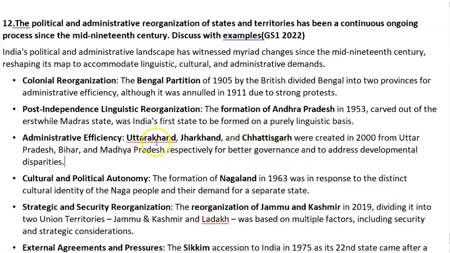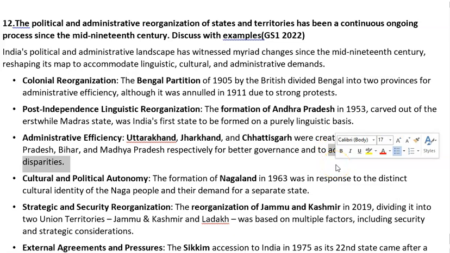So in 2000, Uttarakhand, Jharkhand, and Chhattisgarh got created from Uttar Pradesh, Bihar, and Madhya Pradesh respectively. So why? Because these areas were very vast. Even now we know that UP is very vast, but at that time it was very vast. So in the areas of Uttarakhand, etc., there was no development. Okay, to address these development disparities and better governance, these states got created.